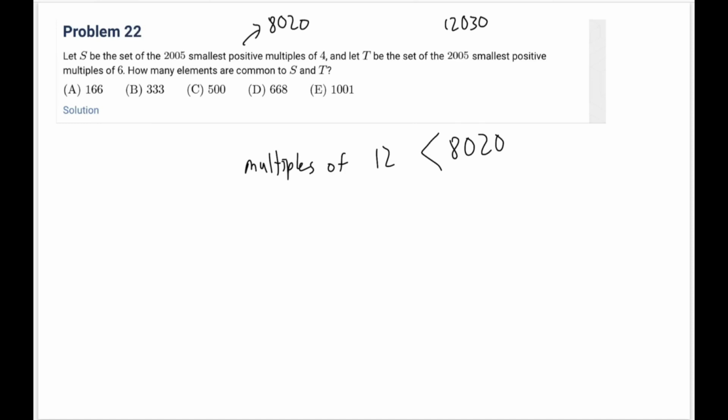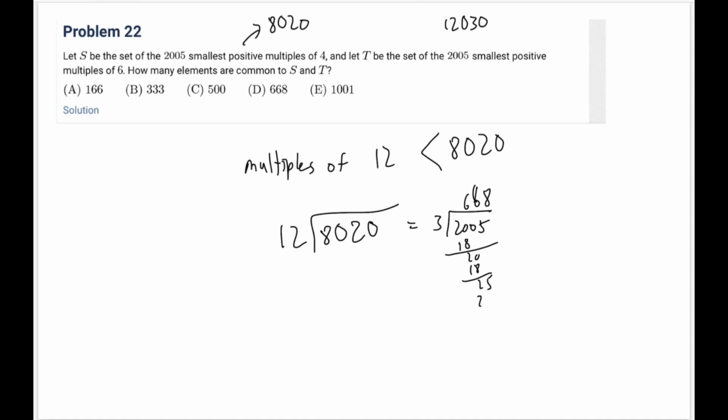How many elements are common to S and T? So what we need to do is divide 8020 by 12, and so this is equal to, dividing by 4 on each side, 2005 over 3. So 8 times 3 is 24, so this is 668 elements, so the answer is D.